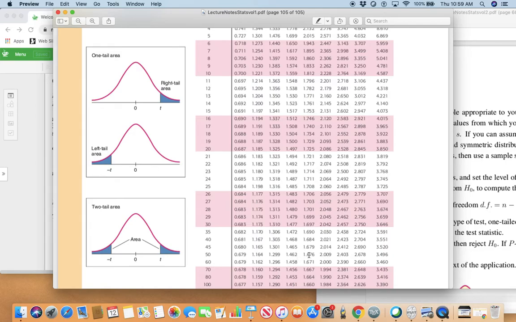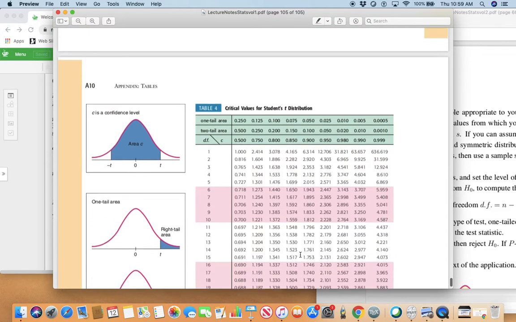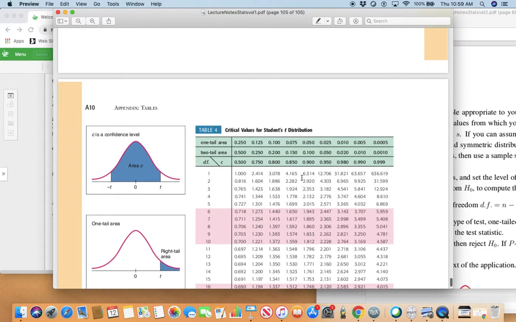This is 1.462, this is 1.676. So 1.6663 lies between these two numbers. So if I go up, and remember I am one-tailed, here 0.075 and 0.050. All right. So my p-value lies between these two numbers.